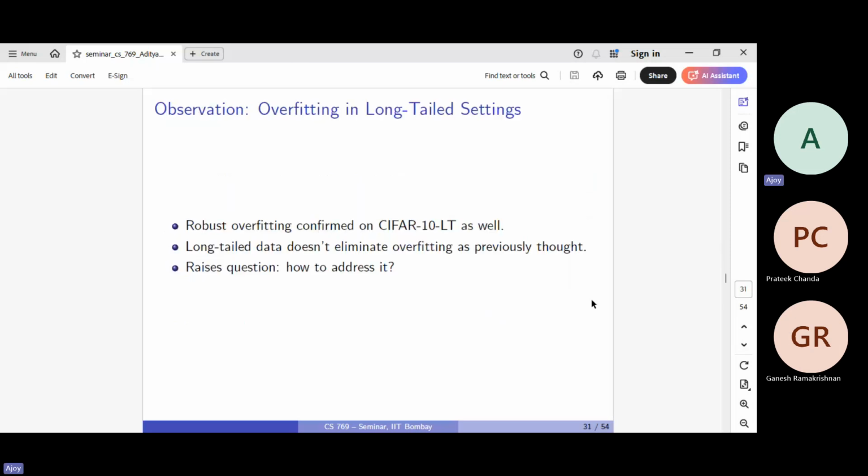Even though we were using ATBSL, what we found out was that there was a robust overfitting on CIFAR-10-LT as well. That was because what we were using was a constant learning rate.